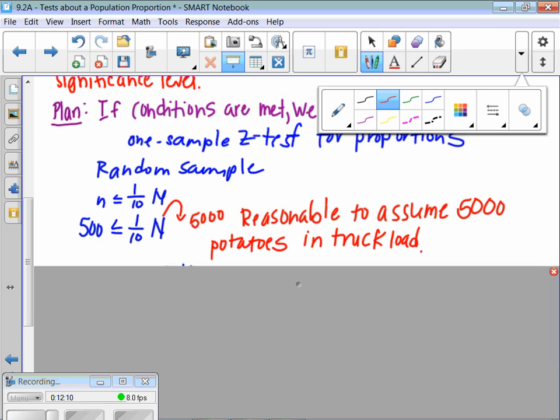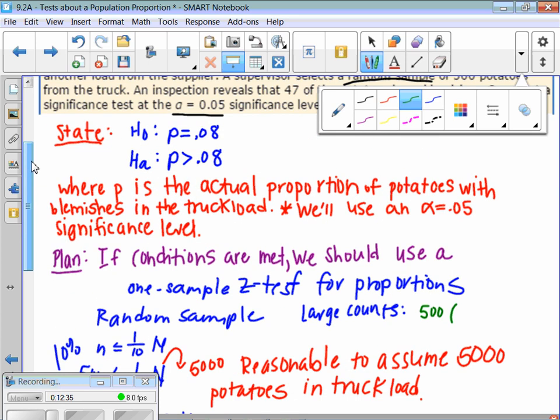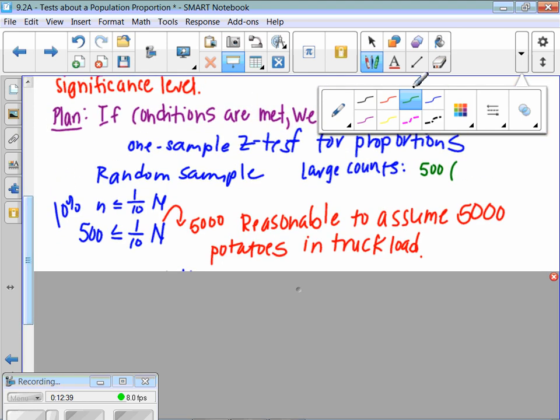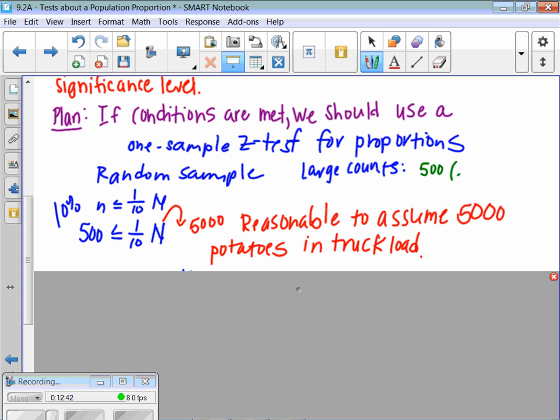And we also need to check large counts. So here's our 10% rule, and now we have to check large counts. Large counts is n times p is greater than or equal to 10, and n times 1 minus p is greater than or equal to 10. What is n? n is 500. p we always get from the null hypothesis, which is 8%, so 0.08.